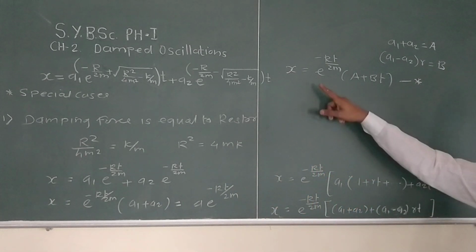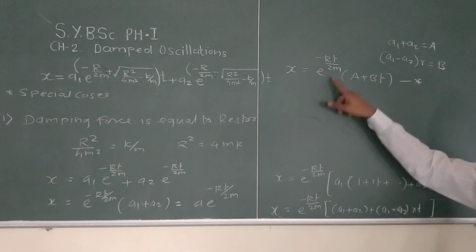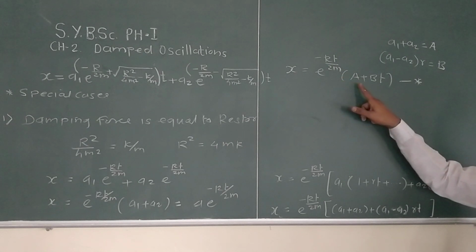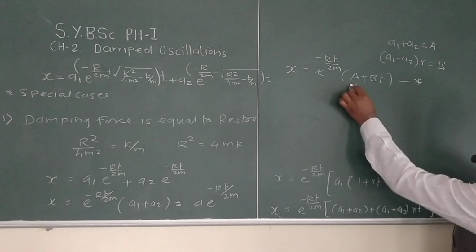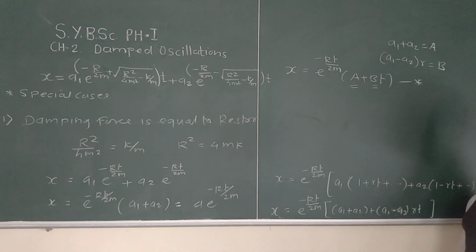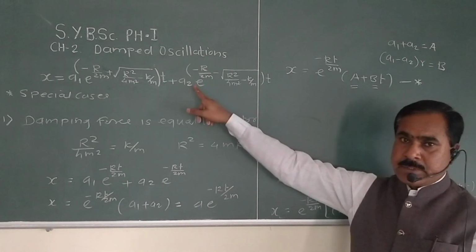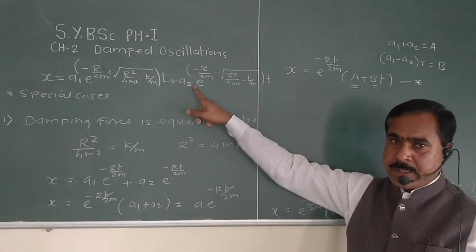Right? Now we have got the equation x equal to e raised to minus rt upon twice m in bracket A plus Bt. So this equation contains two constants A and B, so it is the proper solution of this equation.